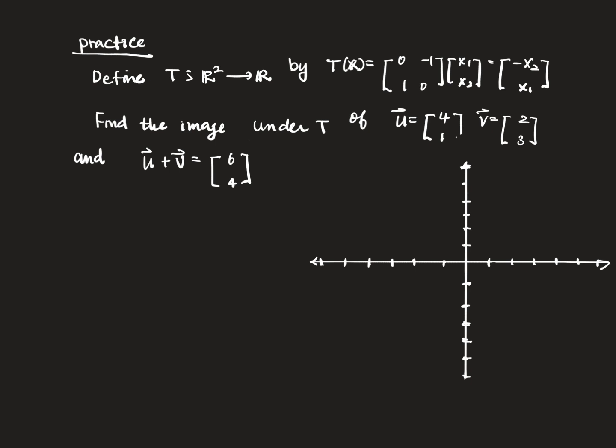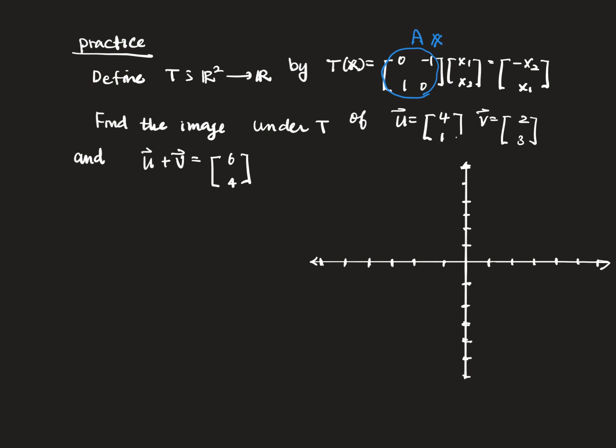Let's do the practice problem, guys. If you want to try by yourself, pause the video and try this practice problem. T is a transformation, and we define this matrix A right there, so T of x is A times x.